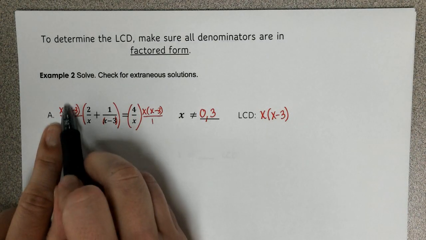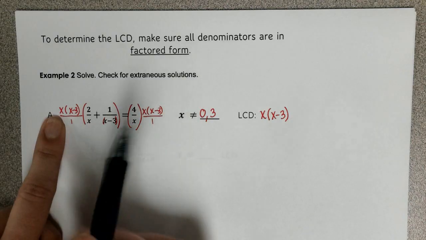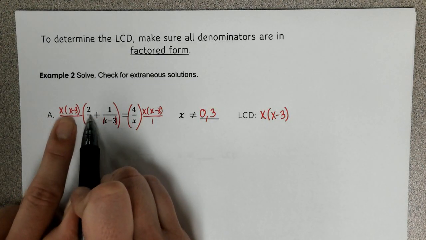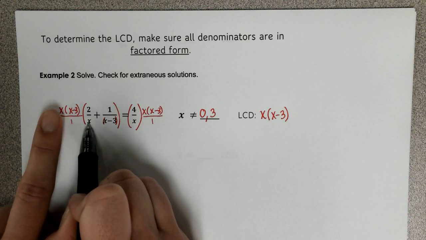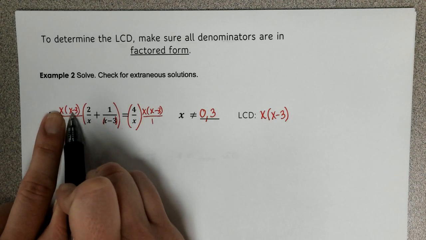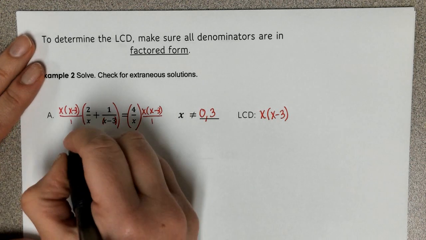Okay, now when I do that, I'm going to distribute the LCD to each fraction on the left side. So when I do that to the first fraction, the single factors of x will cancel, leaving me with 2 times x minus 3.